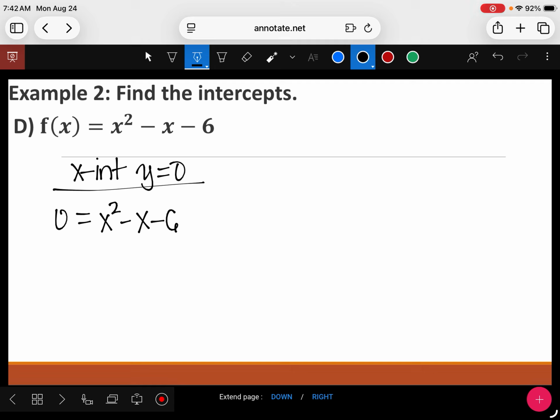I would recommend you factor it because you can do a shortcut. Find your two numbers that multiply to -6 and add to -1. And then set both of your parentheses equal to 0. So you'll have two different x-intercepts.